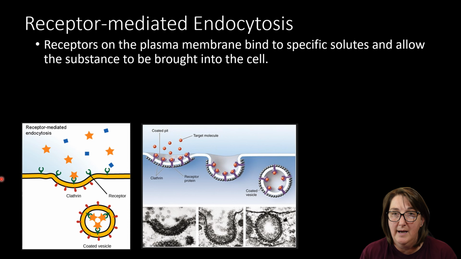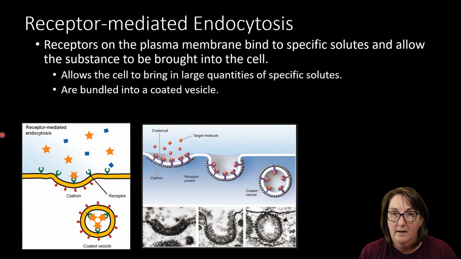They're going to bind to very specific solutes or molecules, and they're going to allow more of one type of product to be brought into the cell. They're also going to be coated, so these will also be coated to keep them from being absorbed or passing through that membrane, and I can bring in a large amount of these substances into the cell.